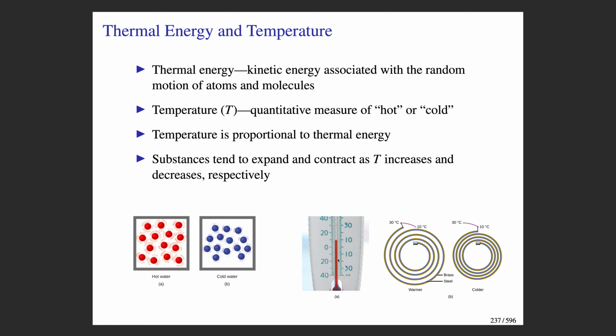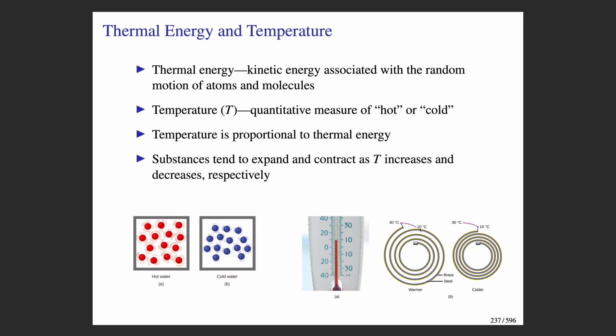And so if you have a fixed mass of liquid in the capillary, as you raise the temperature, then the volume of the liquid is going to increase. So as the temperature goes up, the volume goes up in a regular way. And so you can use that to quantify the temperature of anything in contact with the thermometer.